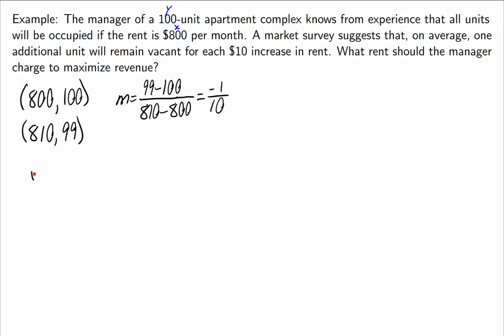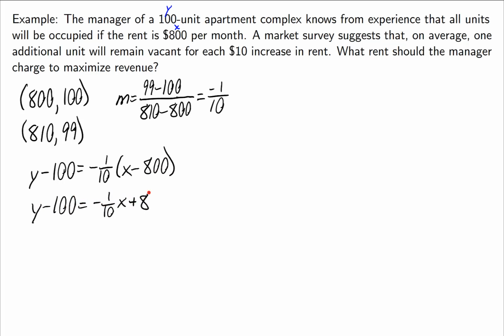And then let's use the simple one. y - 100 would equal -1/10 times (x - 800). That gives me y - 100 = -1/10 x + 80. And so I get y = -1/10 x + 180.